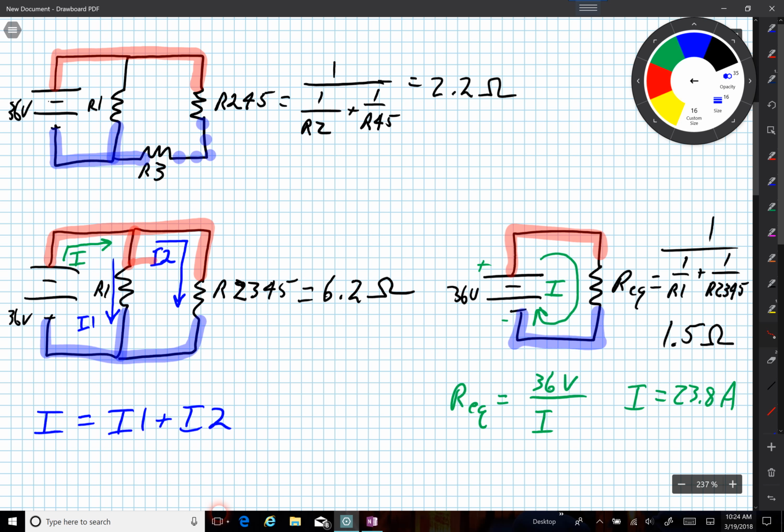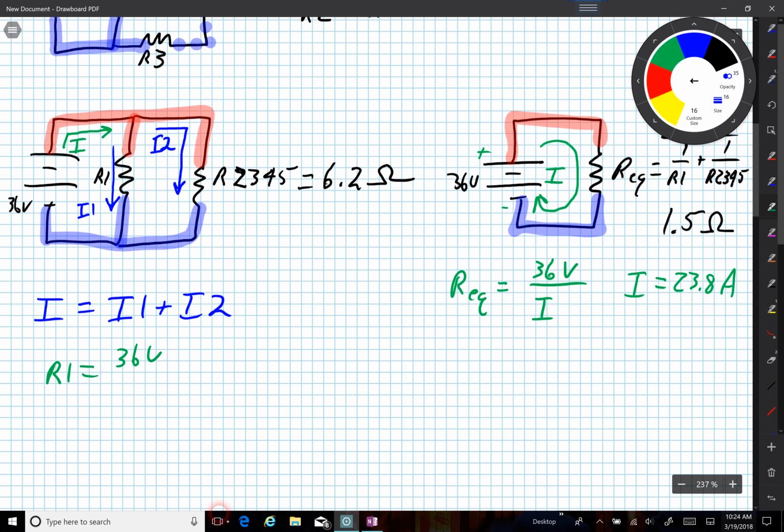the voltage across R1 is 36 volts, because look at the color combination, solid red, solid blue. And I know the value of R1 is 2 ohms, so I can apply my Ohm's law equation to R1, and I can say, well, R1 equals 36 volts over, and the amount of current flowing through R1 is I1.